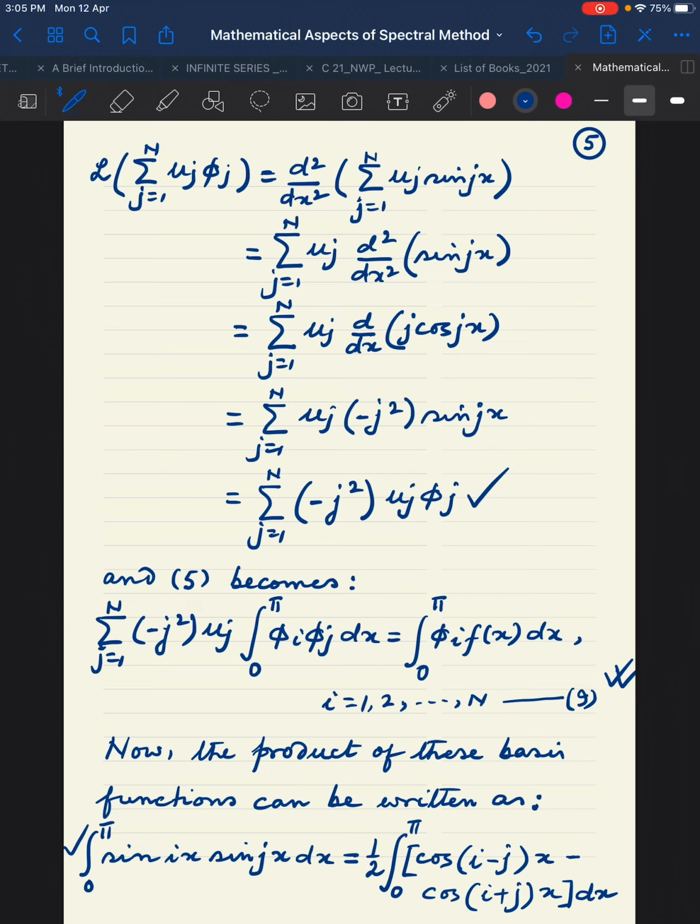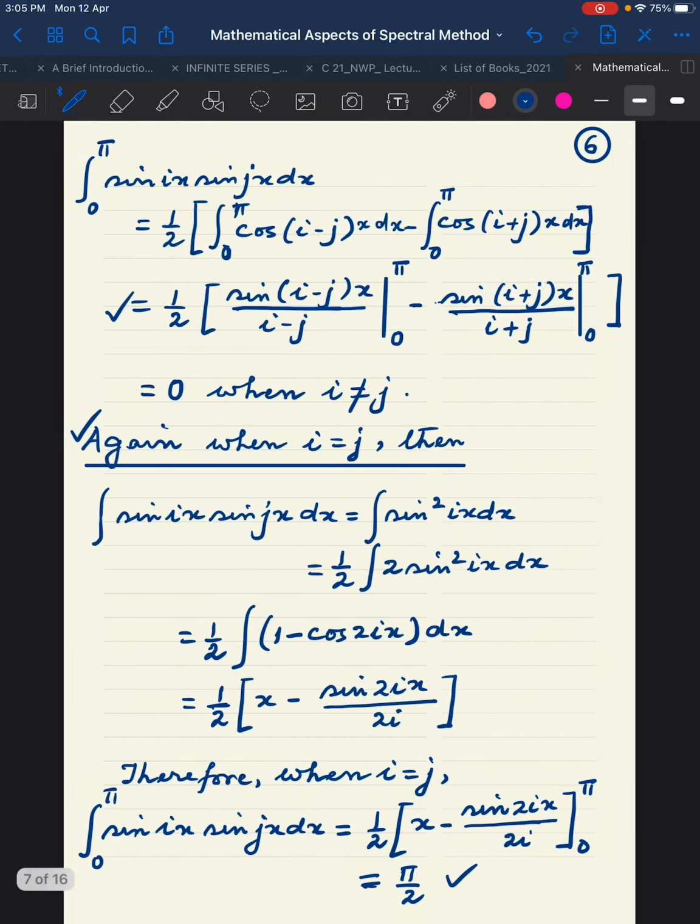How? Don't forget, this integral from 0 to pi of phi i phi j dx has a value only when i is equal to j. Otherwise, all the remaining terms vanish for i not equal to j.